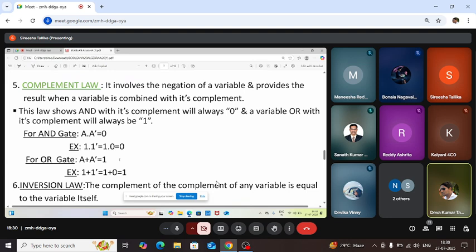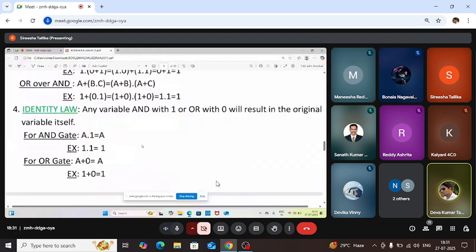When you presented those laws at the start, you used Venn diagrams. That is a good thing, because sometimes you may get questions in terms of Venn diagrams, so I suggest everyone practice Venn diagrams. And some symbols also: for OR operation there is a V symbol, for AND operation there is a cap symbol.